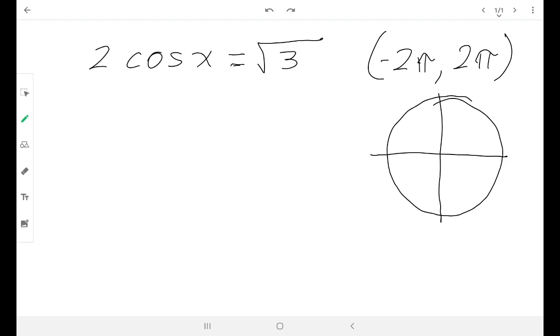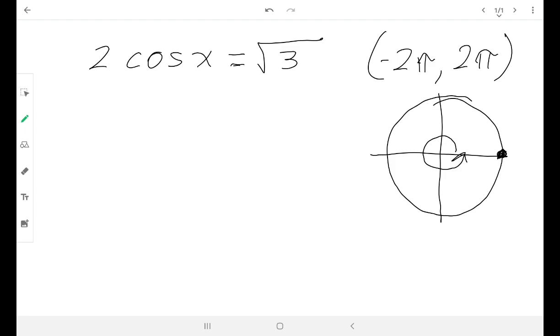So negative 2 pi is here at the beginning, and so is 2 pi, right? Because that's from here all the way back also.